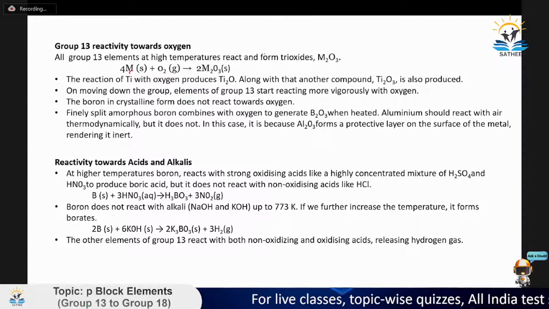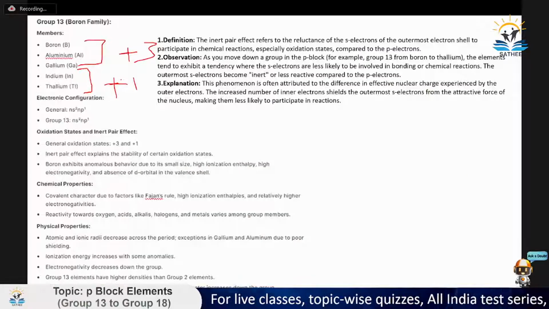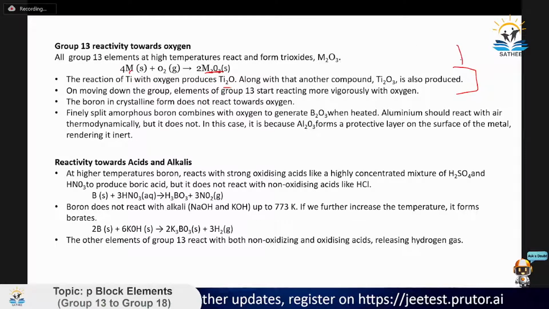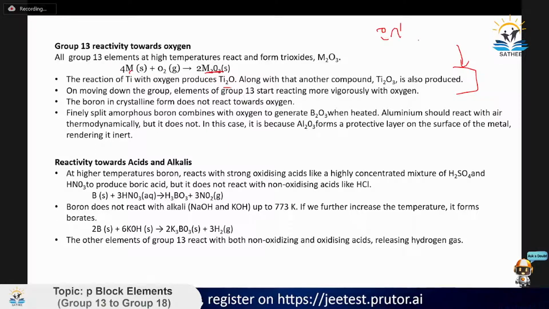That is why thallium actually forms a different product. Comparatively, aluminium would have preferably formed Al2O3, and that is what this is telling you over here also. Why are we getting these two kinds of oxide? You can all blame it on the inert pair effect.